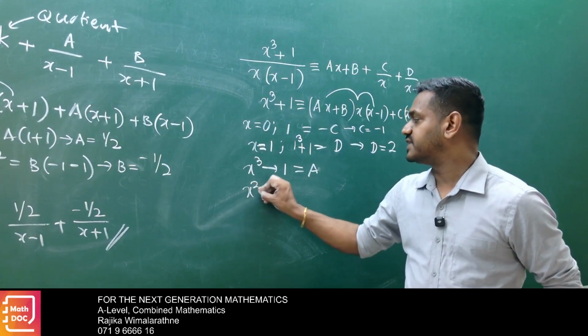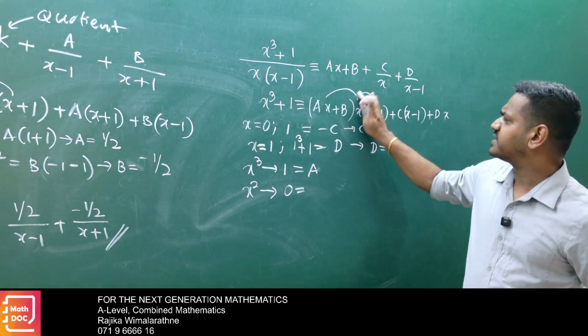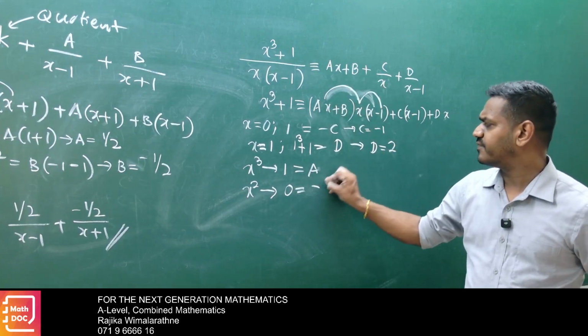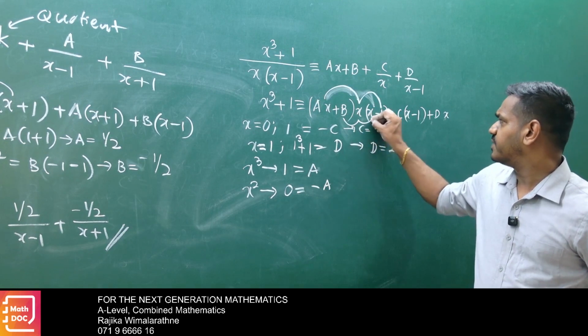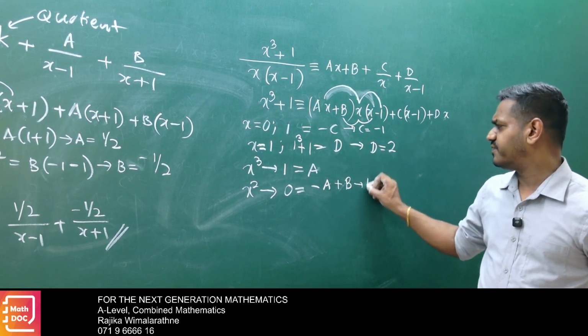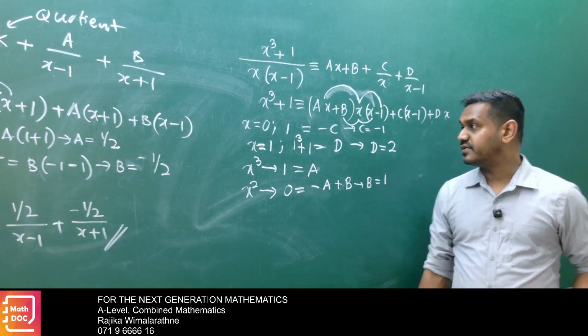Then x square coefficient, here this side 0, here minus a plus b. Then b value equals 1. Now we know a, b, c, d all, no?